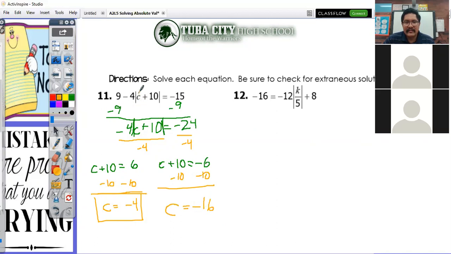Plug that back in. Negative 16 plus 10 is negative 6. Take the absolute value of negative 6, you get positive 6. Positive 6 times 4 is 24. 9 minus 24 is negative 15. So that is a working solution.